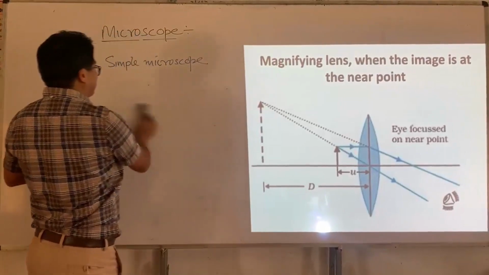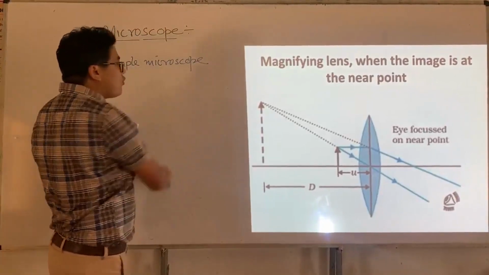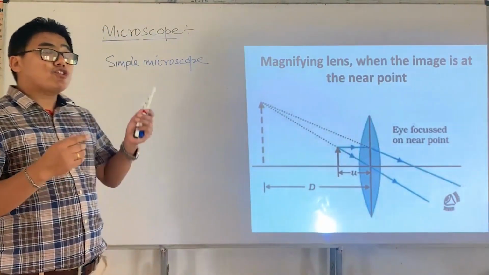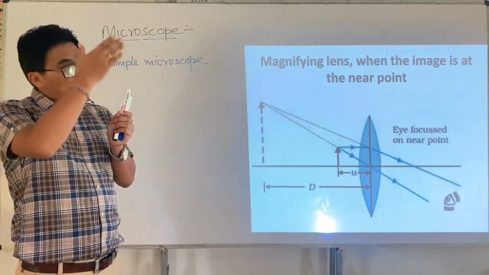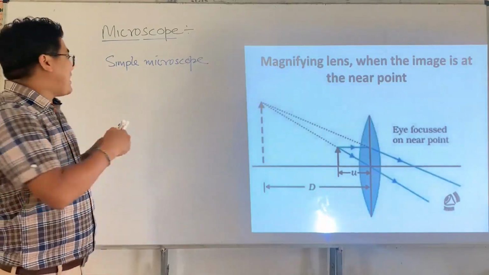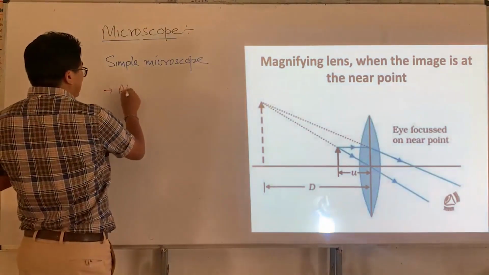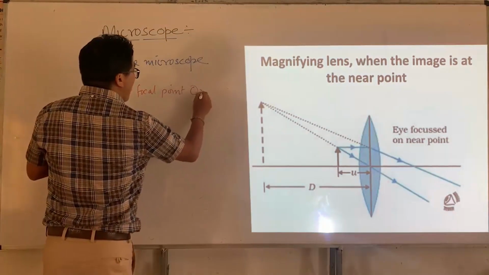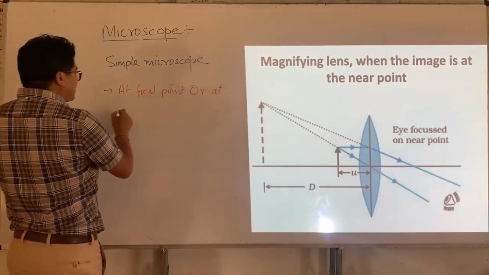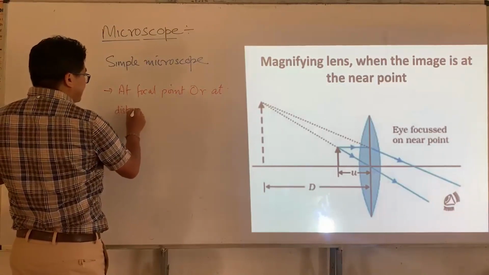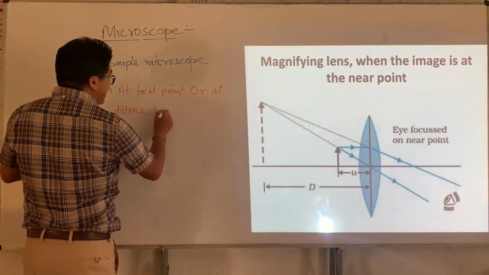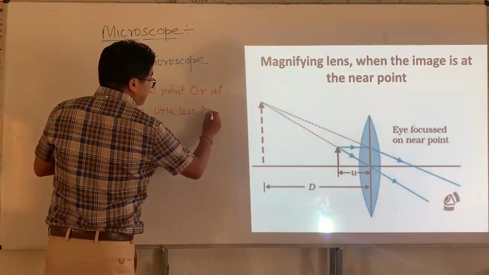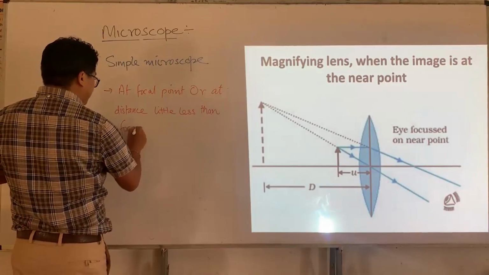For a magnifying glass, normally we bring the object very close to the magnifying glass, either at the focal point or at a distance a little less than the focal length.